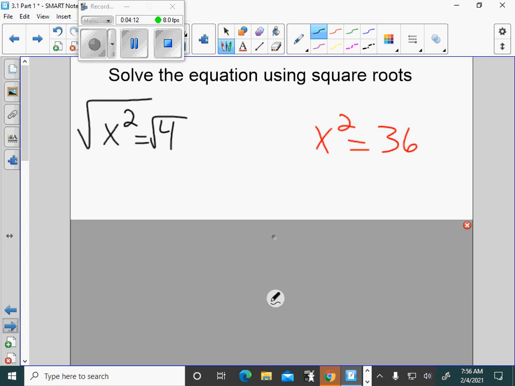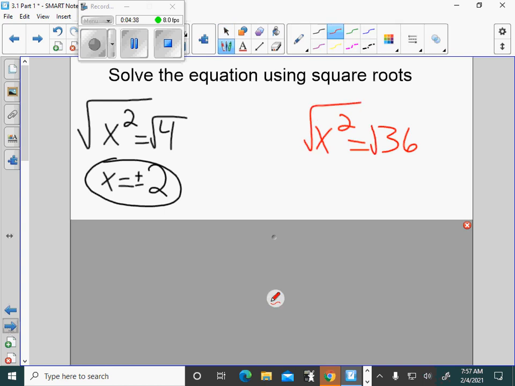So we're going to take the square root of both sides. What's the square root of x squared? It's just x. What's the square root of 4? A lot of people think it's just 2. But we also have to remember that -2 squared is also 4. So the answer here is plus or minus 2. So +2 or -2.